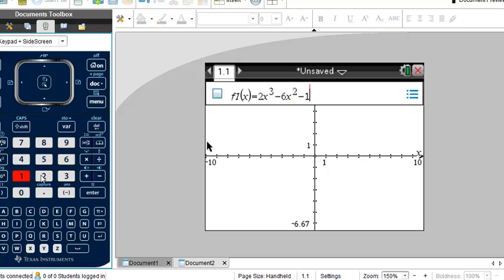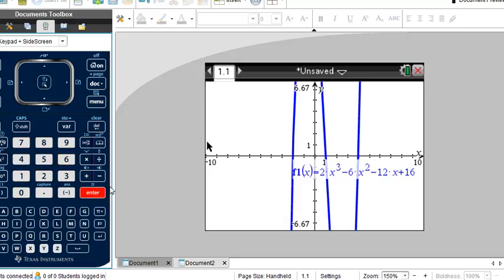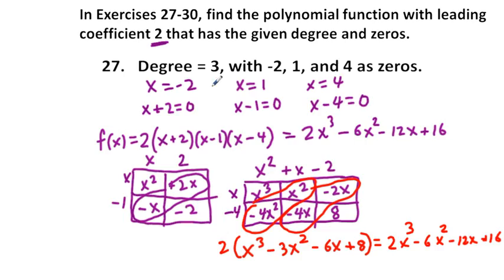And we graph this, we get zeros of negative 2, 1, and 4. So negative 2, 1, and 4 meets the criterion. See? Negative 2, 1, and 4. Check, check, check. So this is going to be our correct answer right here.